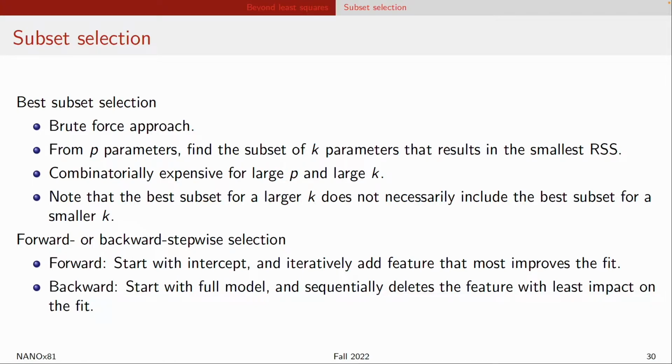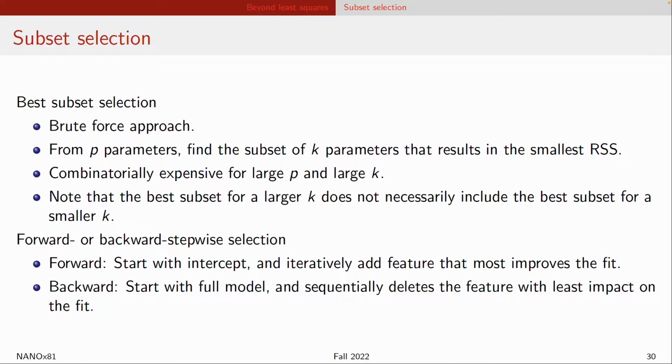Because by definition, you already found the best possible subset of variables or features that you can use for that model. Now, the problem is, of course, that this method is not very practical once you go beyond just a few features. So let's say if you have 100 features, this is not something you can do within the lifetime of the universe.